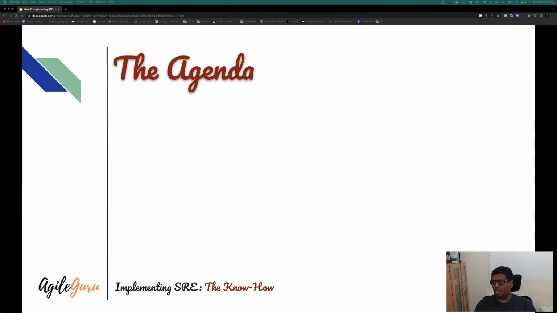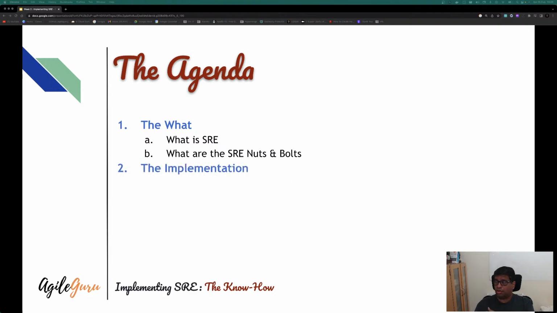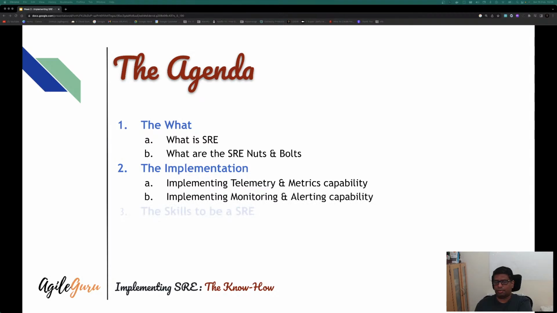Now, the agenda being the what, which means what is SRE and what are the SRE nuts and bolts. How to implement the same, its telemetries and monitoring capabilities, and the skills to be an SRE, the functionals and the non-functionals.